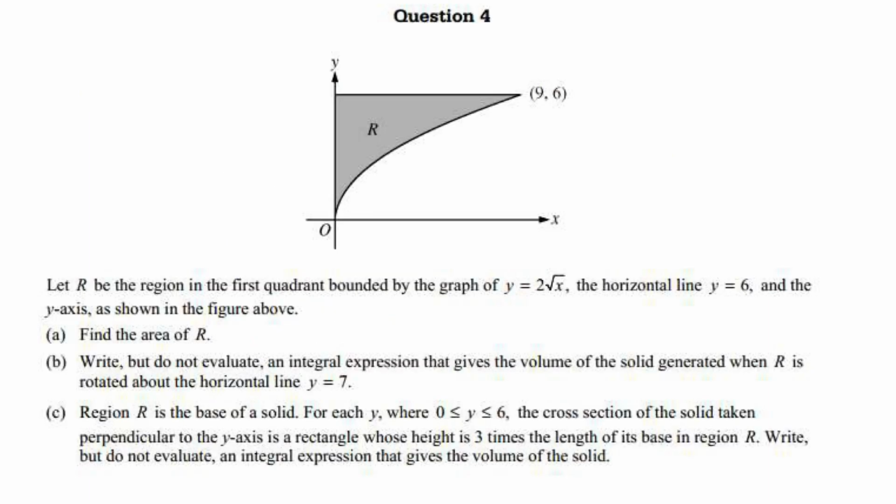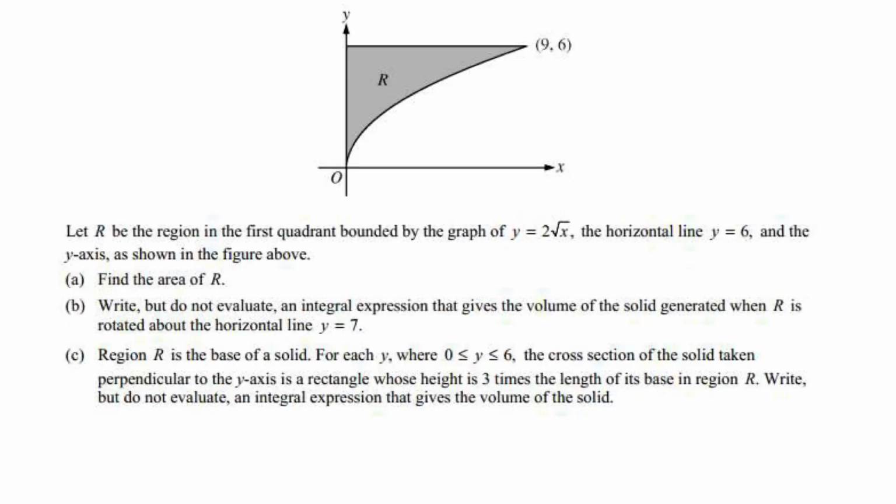All right, so take a second to read this to yourself and then we'll get started. Part A is just asking for the area of R. So that means we can just do a regular old integral of top curve minus bottom curve. The top, they told us, was y equals 6, that horizontal line y equals 6, minus the bottom, which is our 2 square root of x curve, and this is with respect to x.